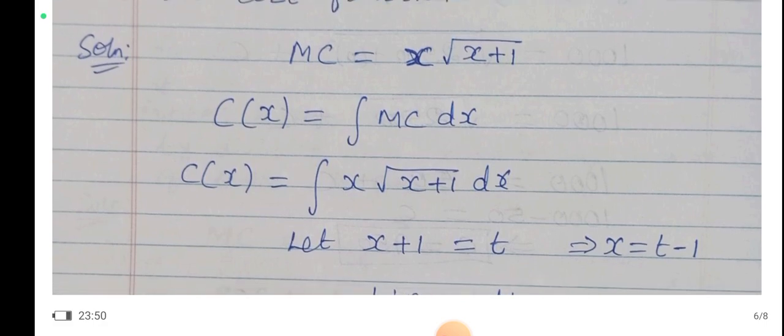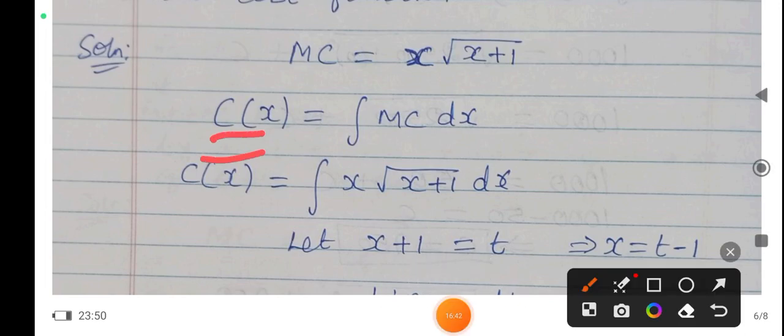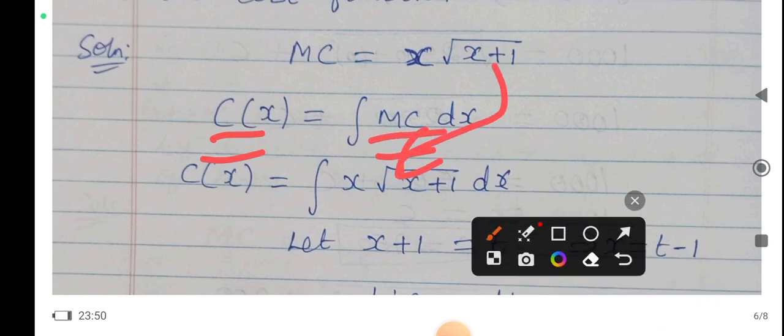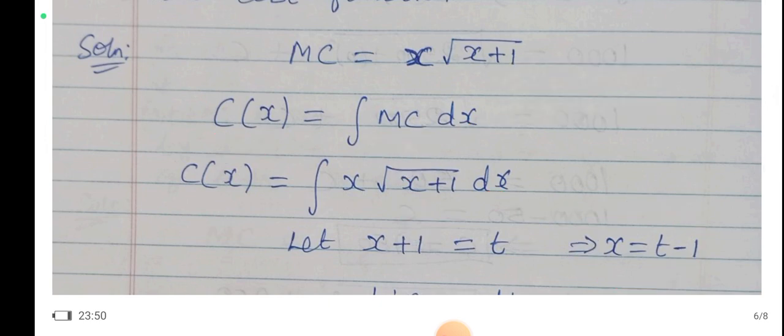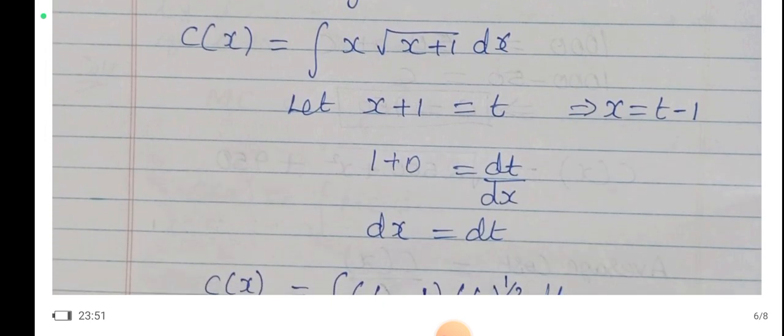As usual, they have given marginal cost, so we have to integrate to get the cost function. Integral MC dx, MC value x root over x plus 1 dx. So we want to take t, x plus 1 we are considering as t. So plus 1 goes to the other side as minus 1, x equals t minus 1. Then start integrating.